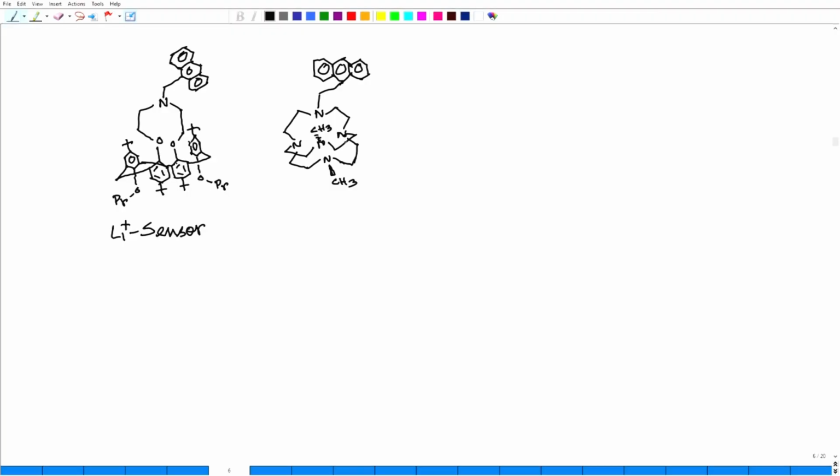But what is important for a chemist, or rather a supramolecular chemist, is the design of these receptors to bring in specificity. So, these are specific for lithium ion, and that is why they are important. This is the way we can get lithium sensors.